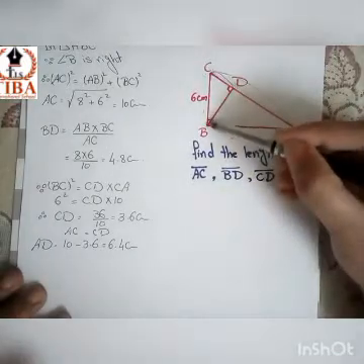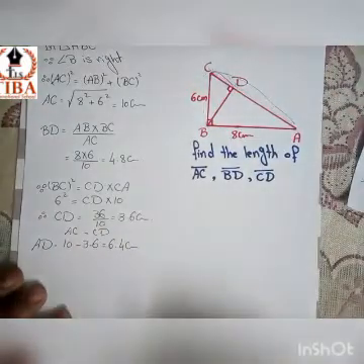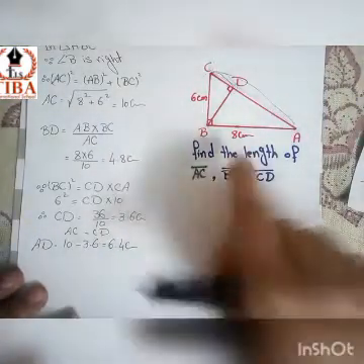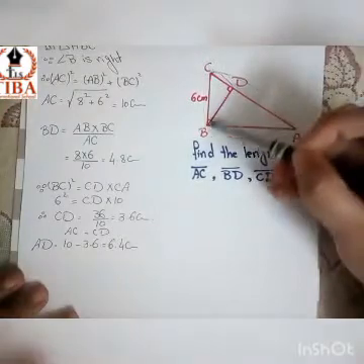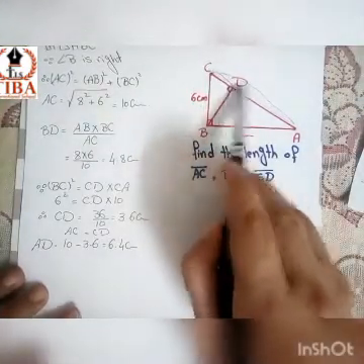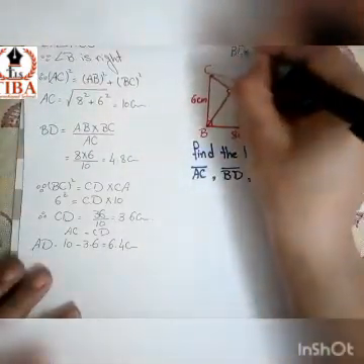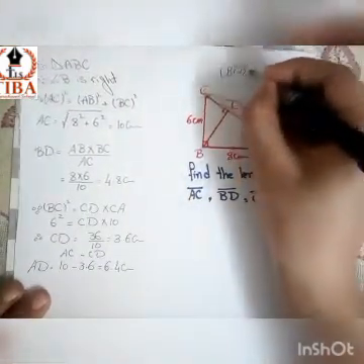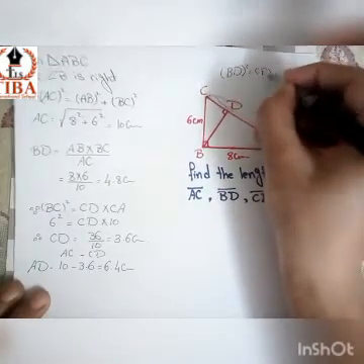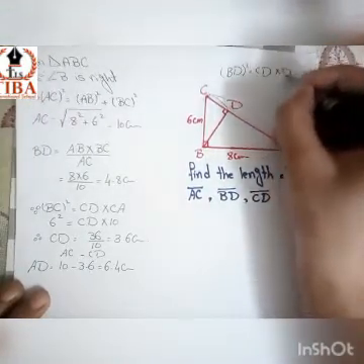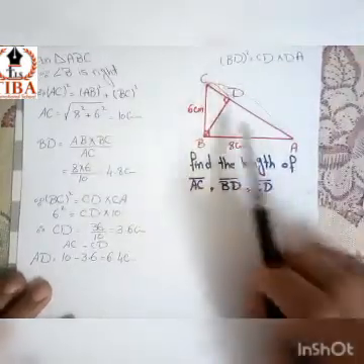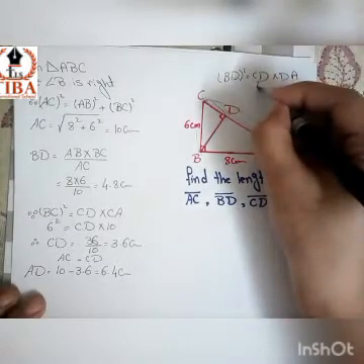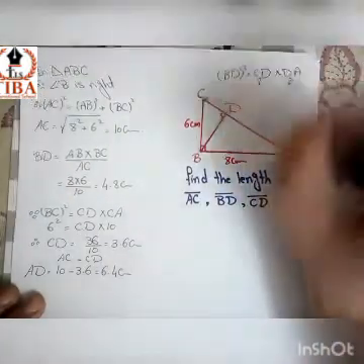To find the length of BD, we have two rules. The first one, BD power 2 equals CD times DA. But we can't use this rule because we don't have the length of CD or the length of DA.